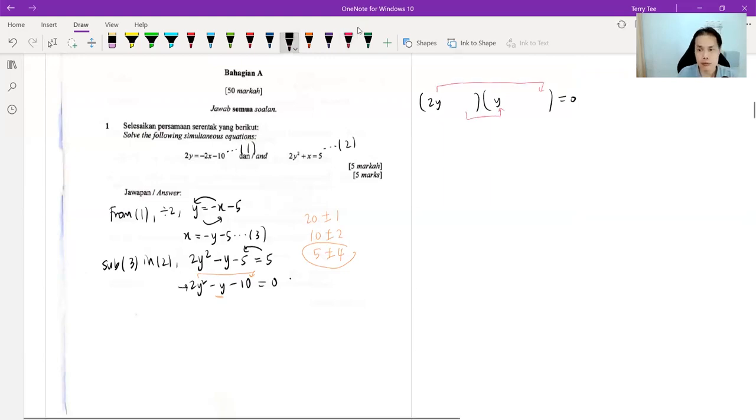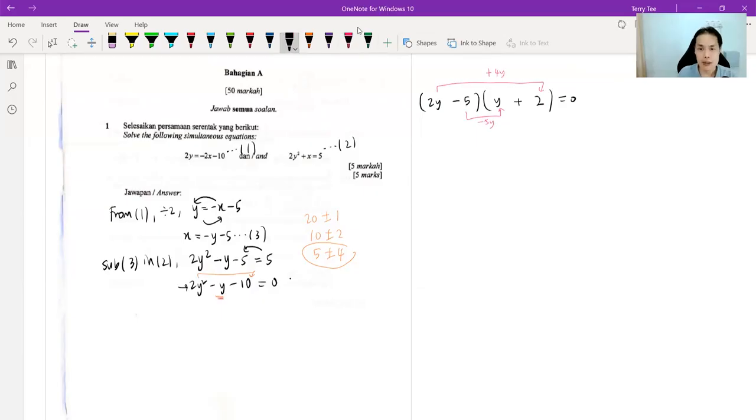Now we can't get 5 here because 2 times anything will never give us 5. It can give us 4, so I'm going to put a 2 here. The other one will be 5 here. And since I want negative 1y, the bigger number 5 is negative, smaller number 4 is positive. Now this one is going to give us negative 5y plus 4y, which gives us minus 1y.